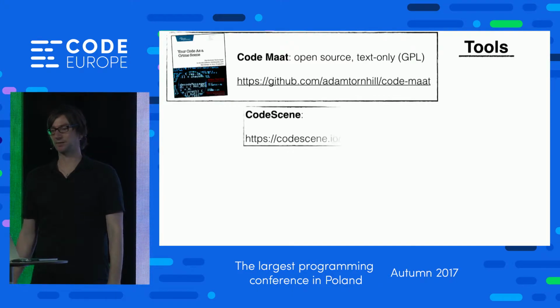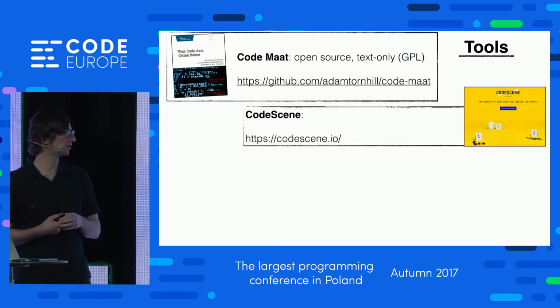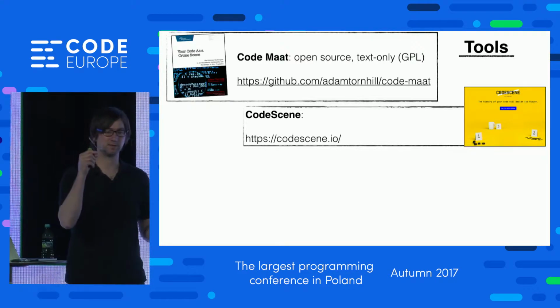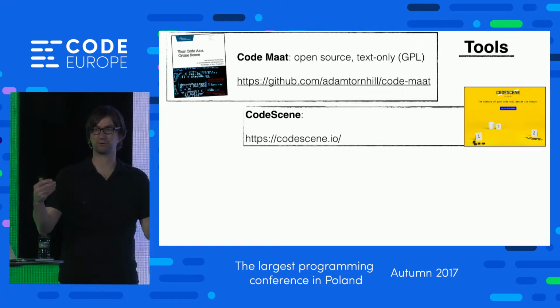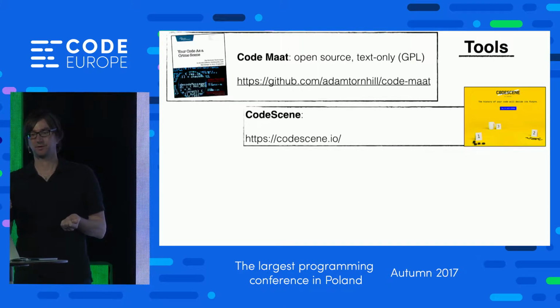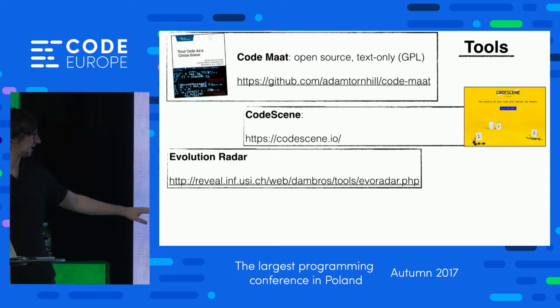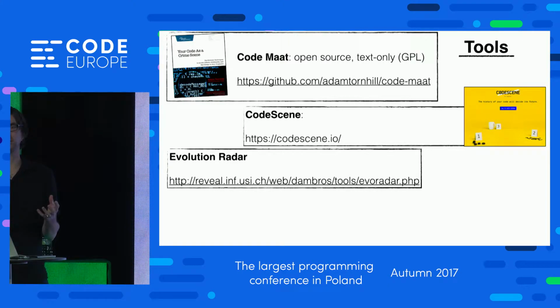What I'm working on right now is something called CodeScene. So CodeScene is something you can have a look at, CodeScene.io. It's my attempt at automating all this stuff. So it's basically press a button and get all the results. There are other options too. There are some options from the academic world, and my personal favorite has to be the Evolution Radar, which is particularly strong on temporal coupling.